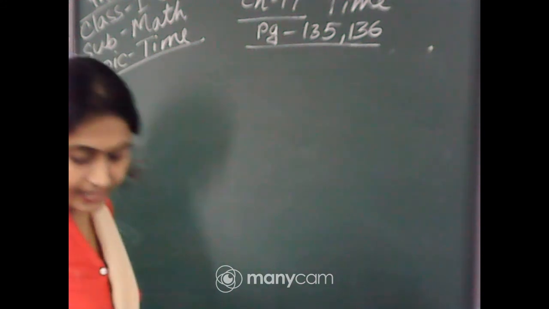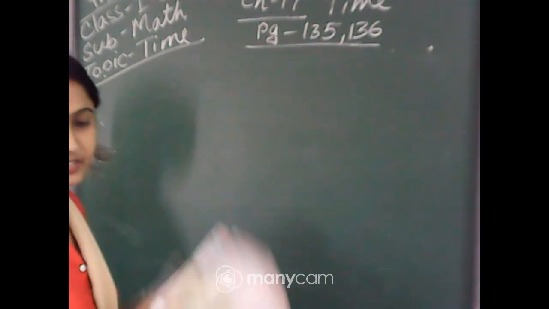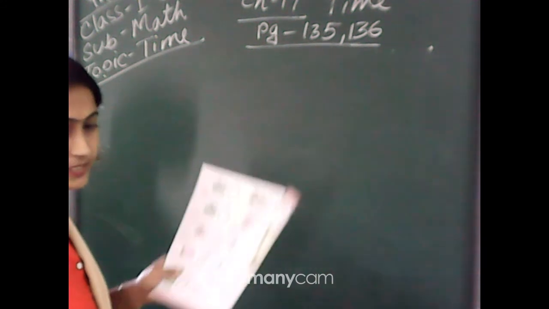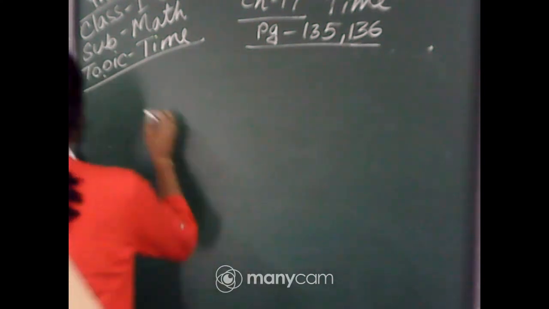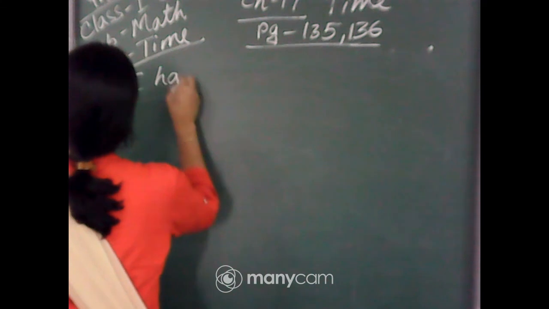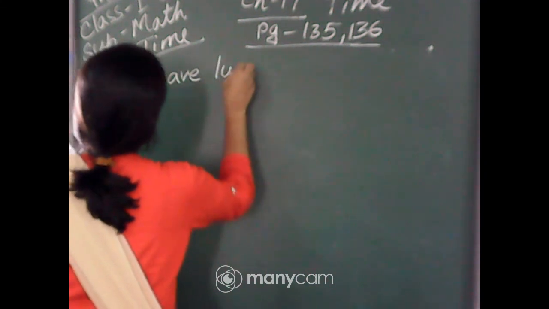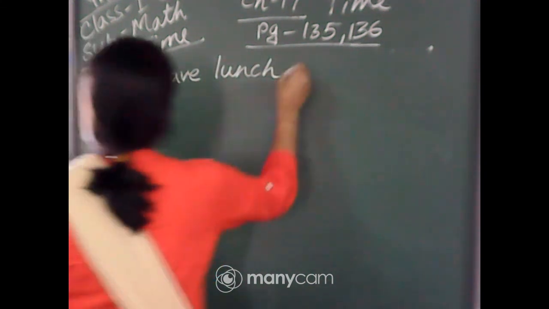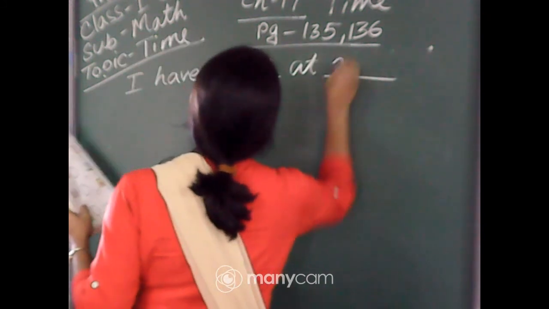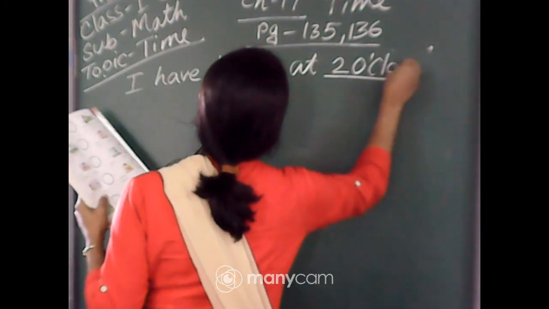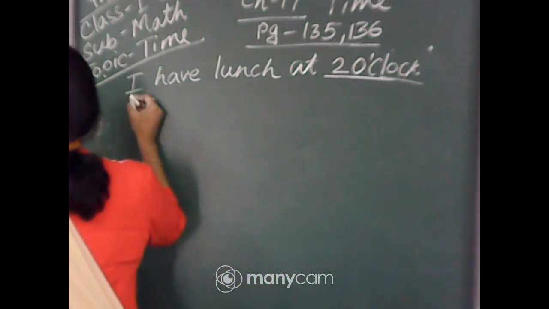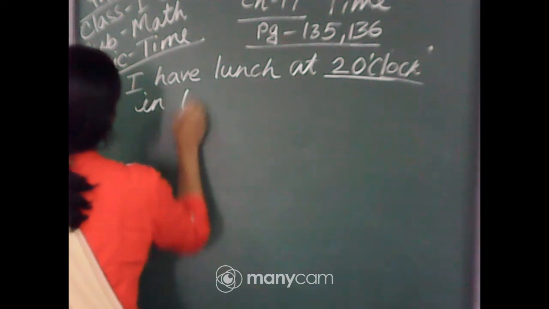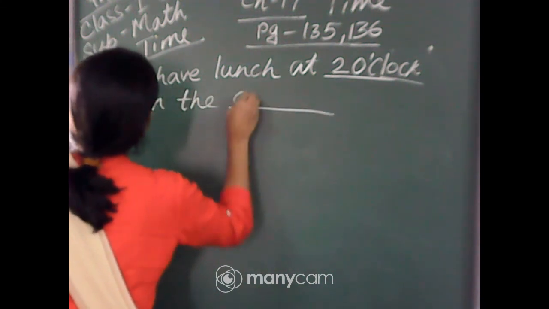Next, I have lunch at dash in the dash. What is the time? Okay, fine, very good, beta. I have lunch at 2 o'clock in the afternoon. I have lunch at 2 o'clock in the afternoon.